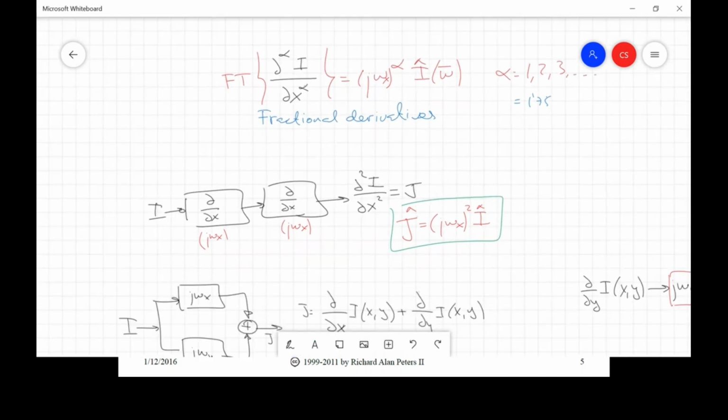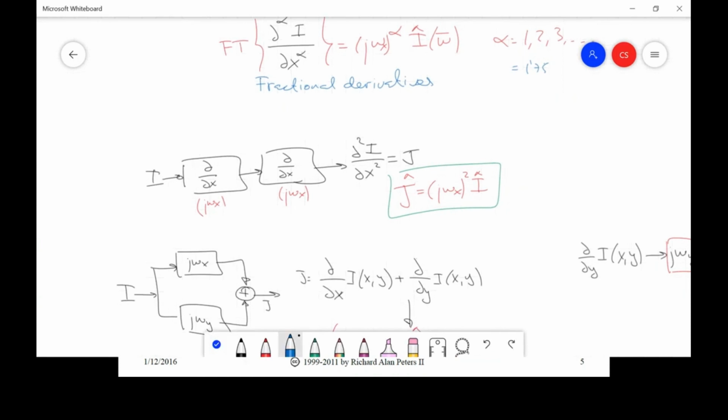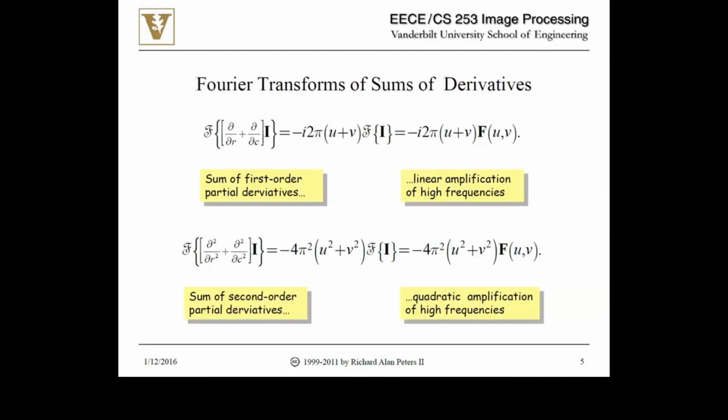There is something that is, I think, interesting, that is in the slide. j squared is -1, and then we have minus omega x. This minus here comes from the j squared. And in particular, this operator here is called the Laplacian.